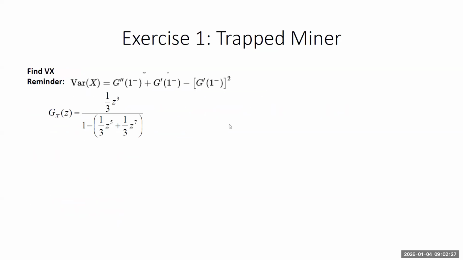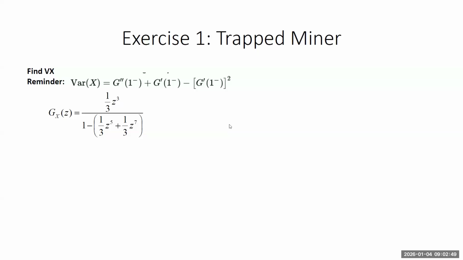Suppose we want to find the variance of x. We won't use the definition, it's messy. How can we find the variance of x? We can use the second derivative, or we can use the formula of conditional variance. We won't use it here, but it's possible.